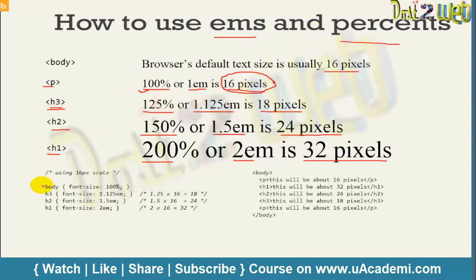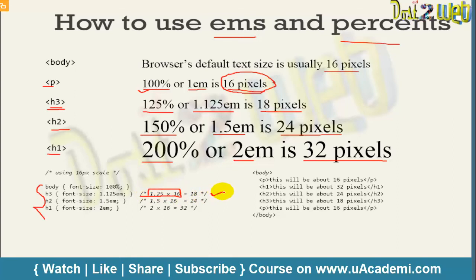This is the example of your CSS. You can define body font size as 100%, H3 font size 1.125 EM, H2 font size 1.5 EM, H1 font size 2 EM, and you can see the calculation 1.25 times 16. If you calculate, then you will get to know how many pixels that is.